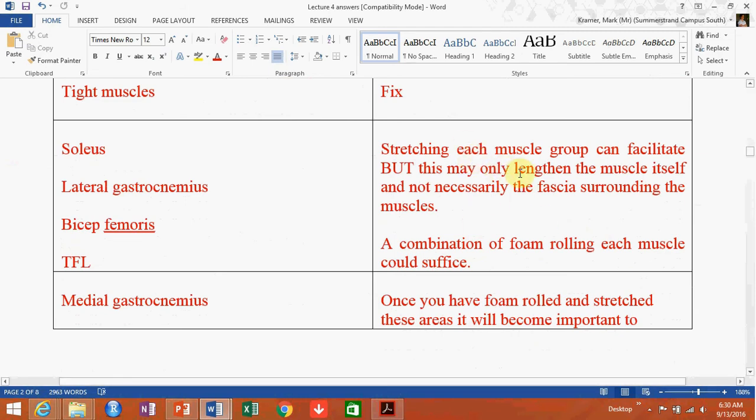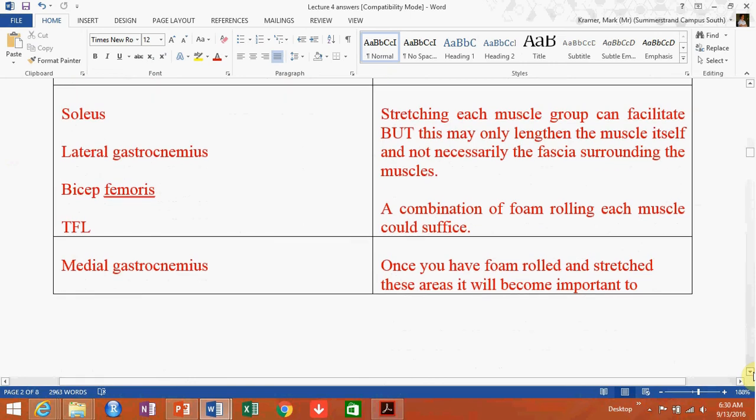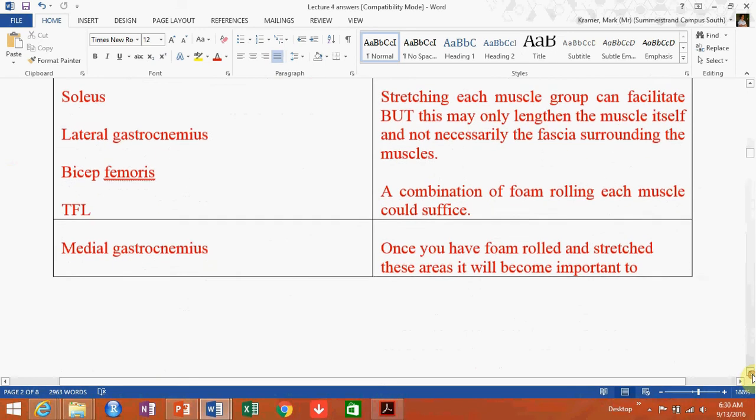So make sure that you remember what we did in class together when we did mobility activities together, and how mobility compares to flexibility training and how flexibility compares to fascia release training. So a combination of foam rolling could suffice.